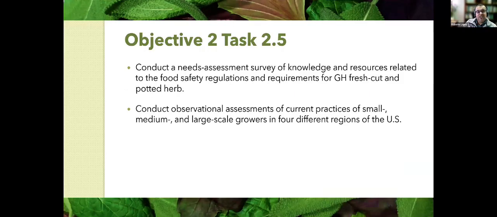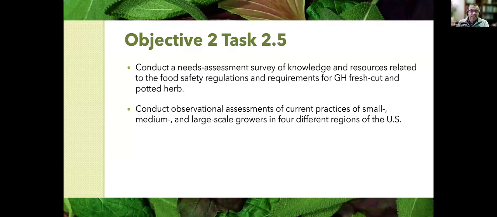And our last objective, last but not least, and really a very important component of production, is looking at food safety. So what this part of the team is looking at is really developing protocols for both greenhouse fresh cut and potted herbs.